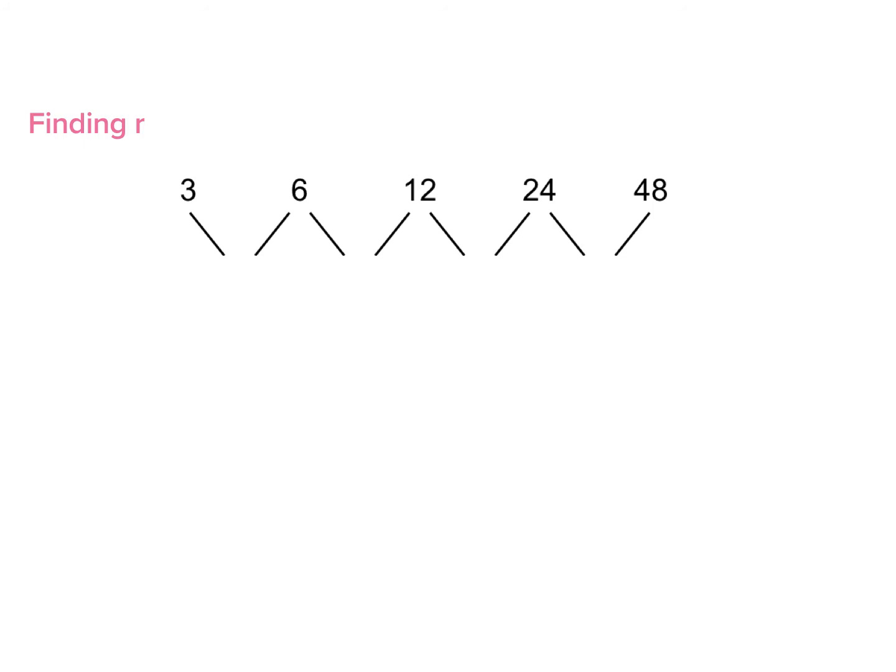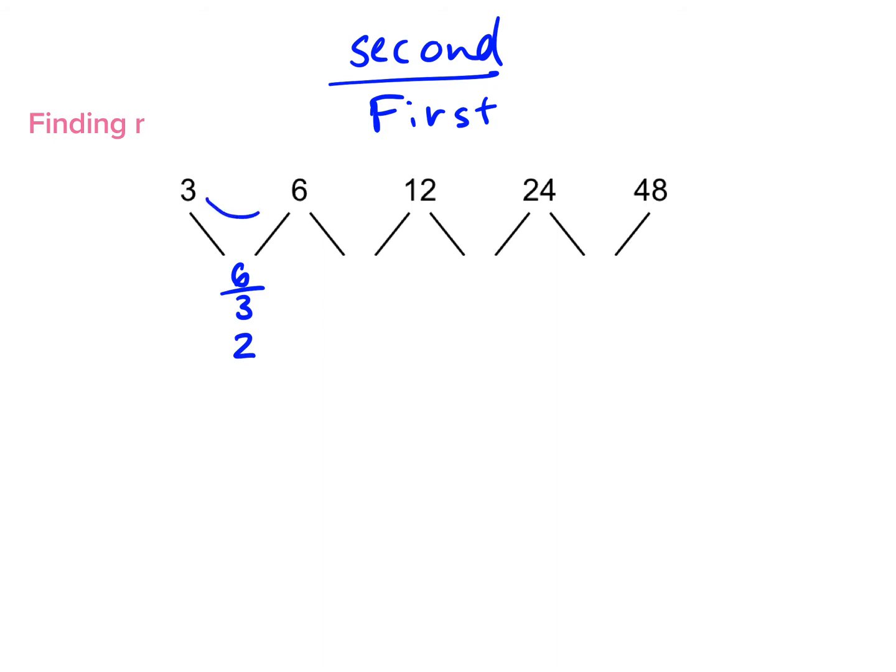So to find R, we just take the second term and divide it by the first. That works for any term, so you could take the third term and divide it by the second, just divide by the term before it. So 6 divided by 3 gives us 2, so we're multiplying by 2 to get from 3 to 6. 12 divided by 6 is 2, so we're multiplying by 2 again. 24 divided by 12 is 2, and 48 divided by 24 is 2.